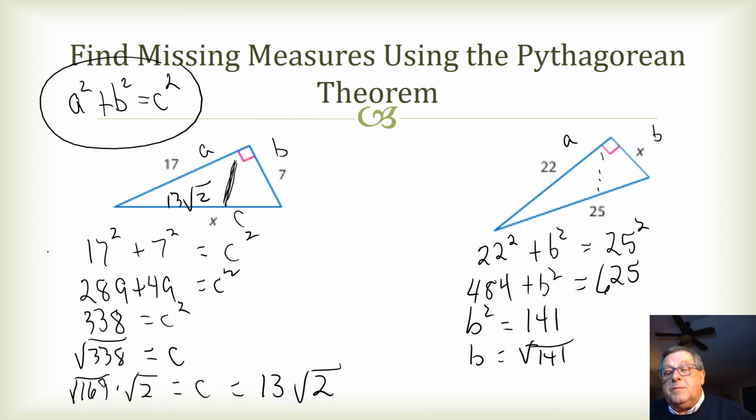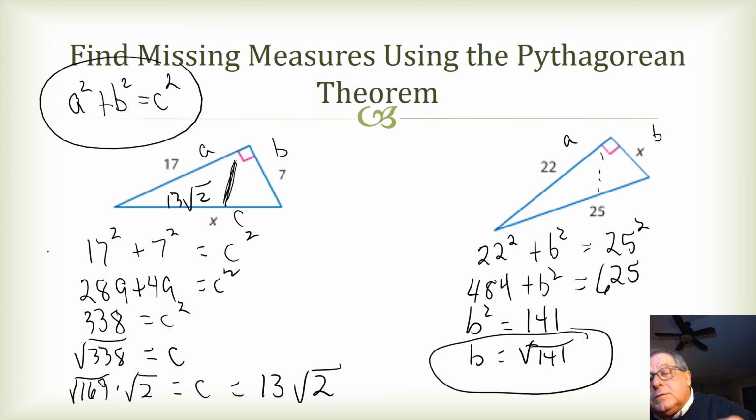I believe that's as simplified as it gets. b equals the square root of 141.